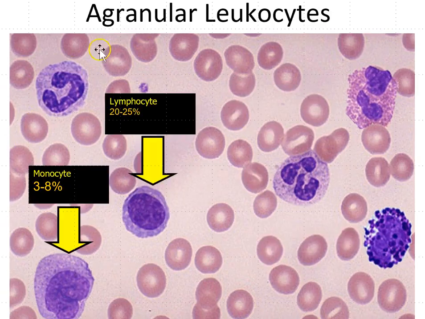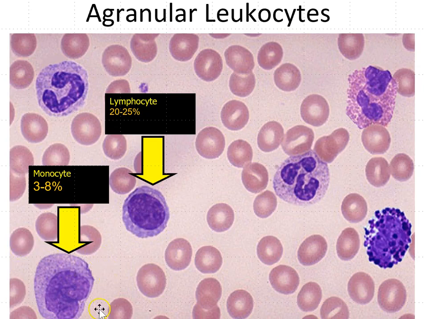Let's see what the agranular leukocytes are. There are two agranular leukocytes: lymphocyte and monocyte. Lymphocytes are 20 to 25% of the total white blood cells, and monocytes are 3 to 8% of the total white blood cells.